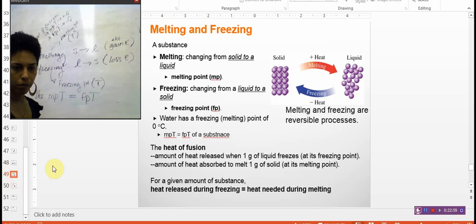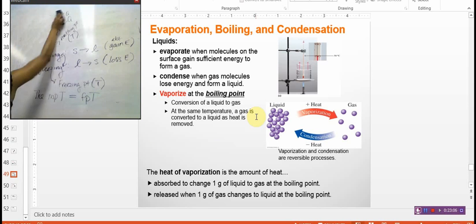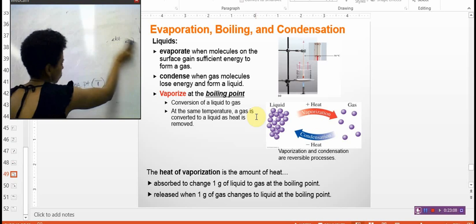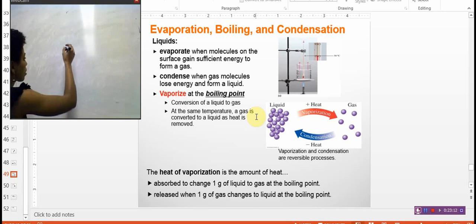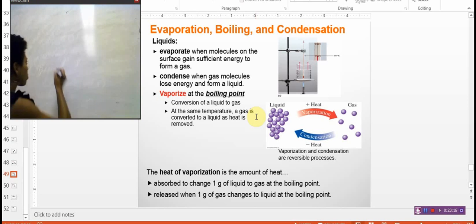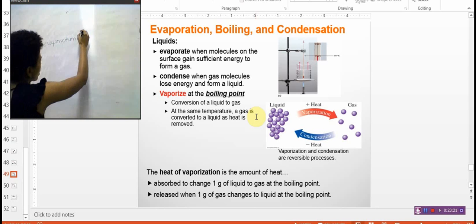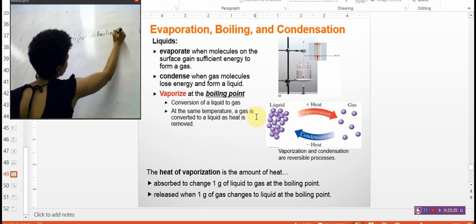Now, when we're looking at going from a liquid to a gas, we have two processes. Evaporation occurs not at the boiling point.